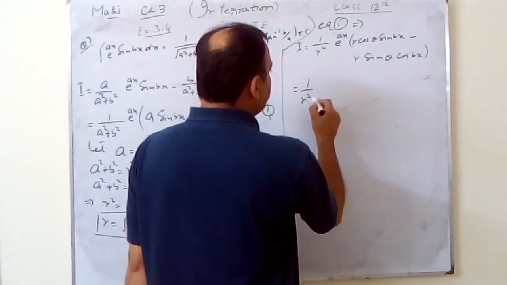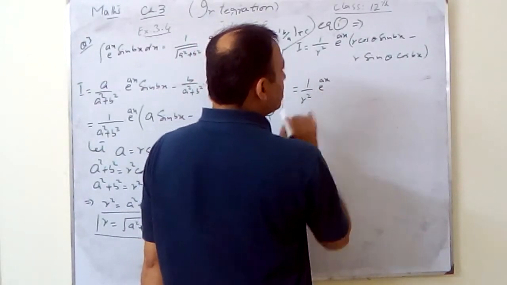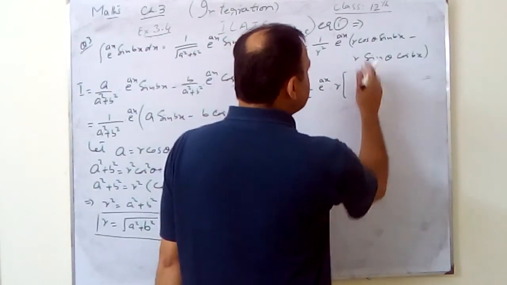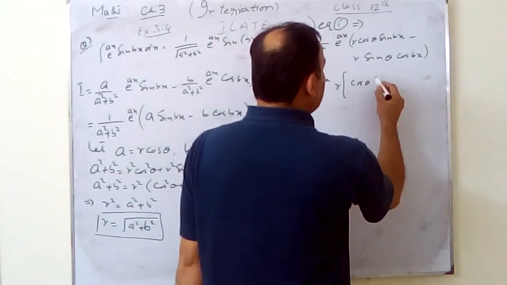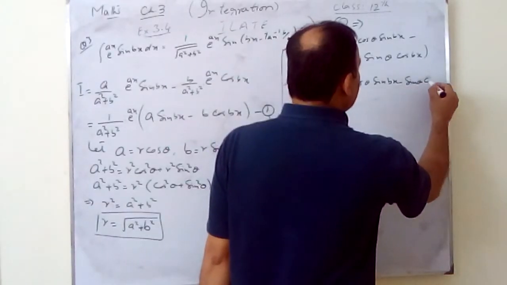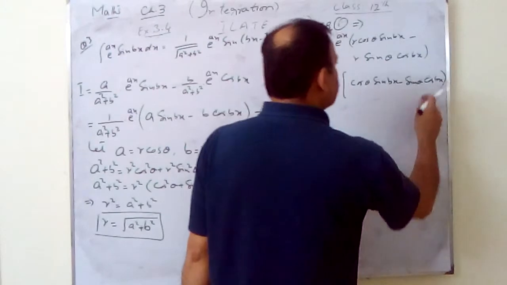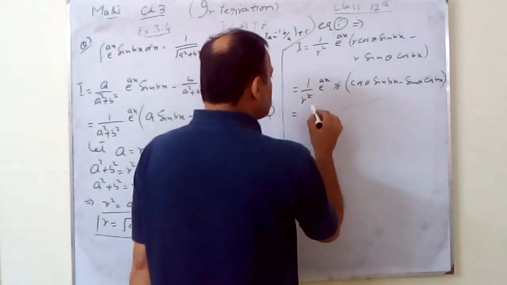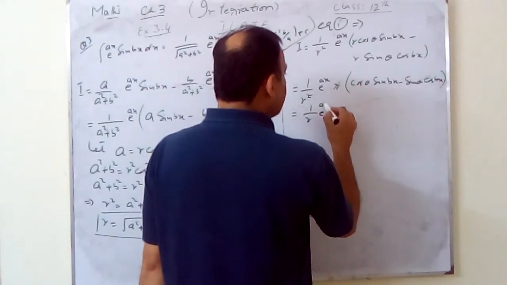So 1 over r square e power ax. I am taking r common, so the remaining is cos theta sin bx minus sin theta cos bx. R and this one cancel, so 1 over r e power ax.